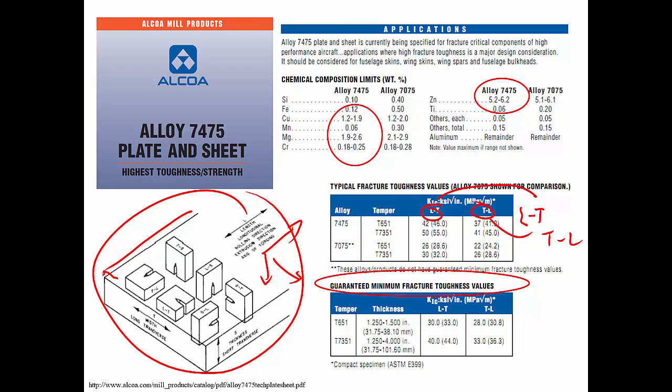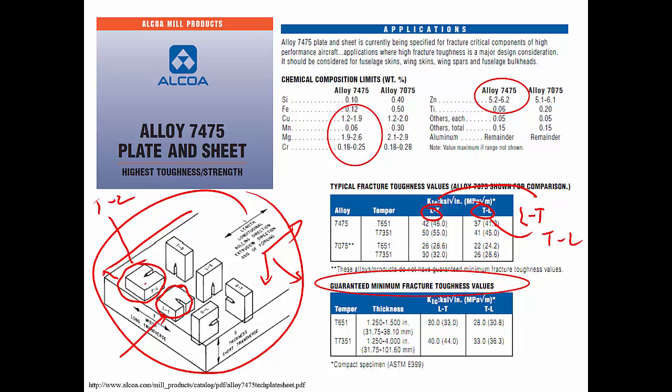As you will understand, when you are producing a microstructure through rolling, there are significant variations in the properties from one direction to the other. And so TL actually corresponds to this sample here. Okay. And LT corresponds to this sample here. Okay, and this one here actually has a better fracture toughness than that one.